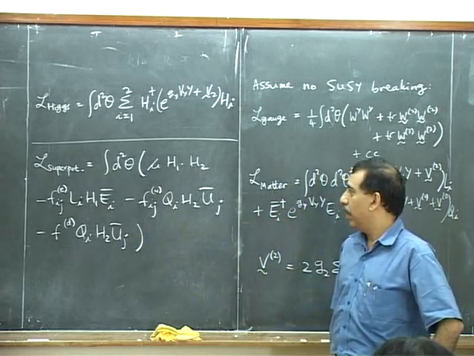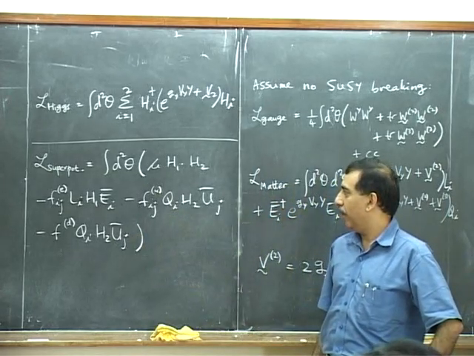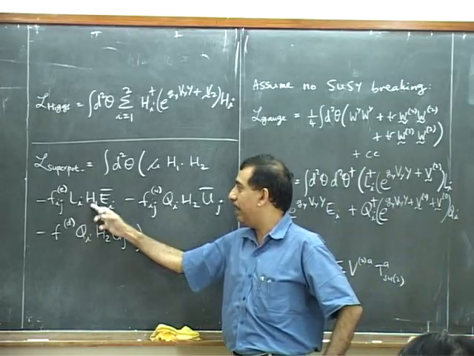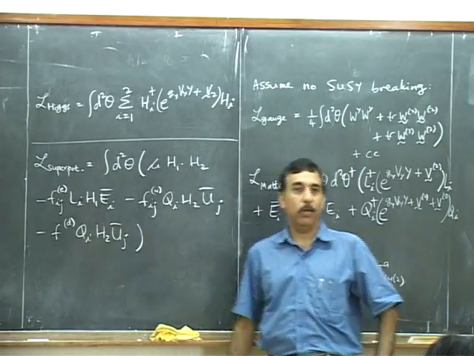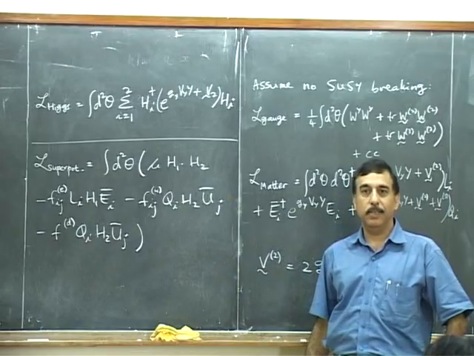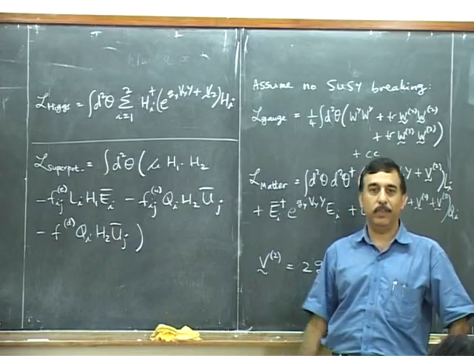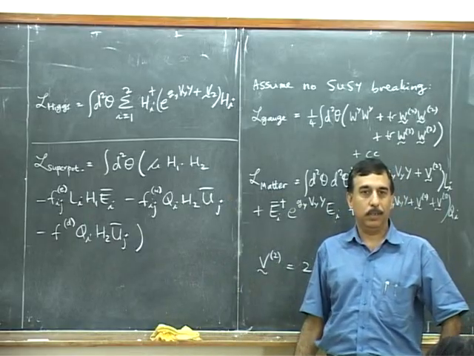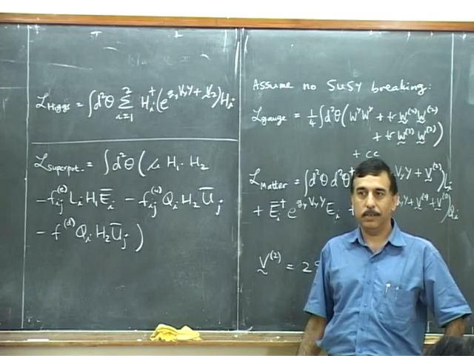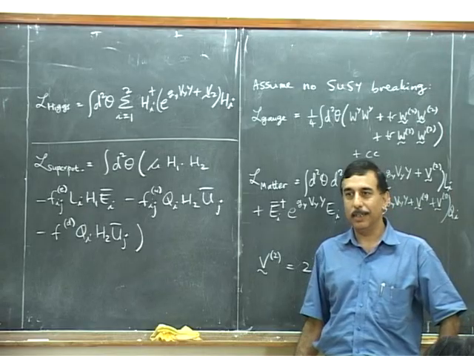Because if you have a coupling between three chiral superfields, then the ordinary space version is the scalar of one times the fermion of the other two, in all possible ways. You know this, I hope. People are looking very puzzled.